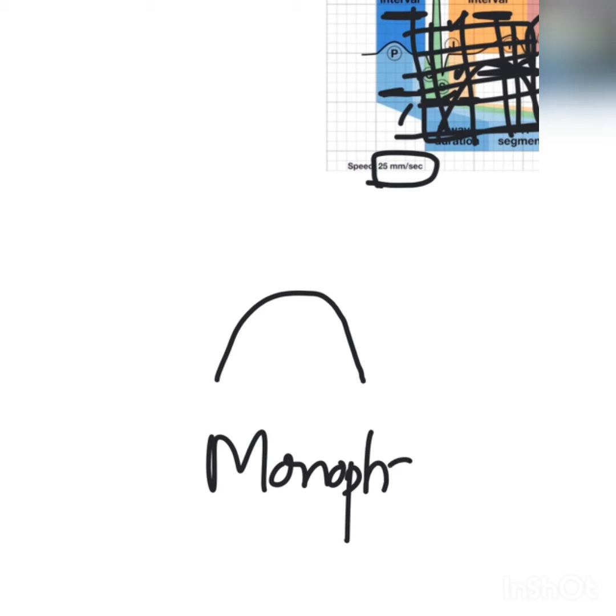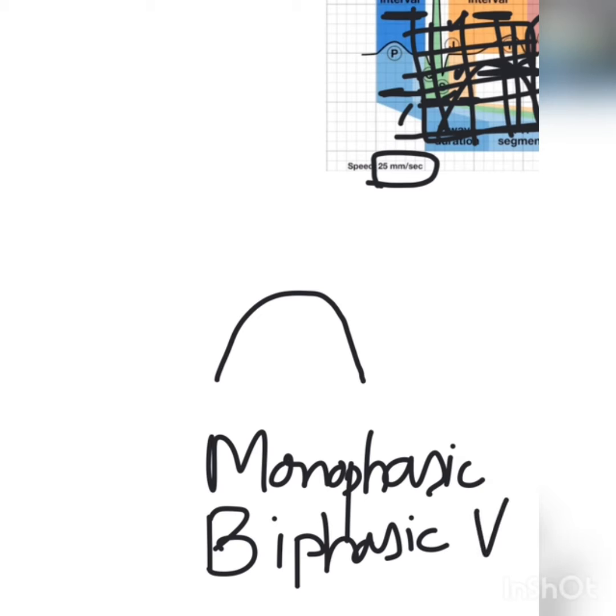So the P wave is upright in all the leads, monophasic, except in V1 where it's biphasic. Biphasic means some part of the P wave is above the isoelectric line and some part is below.